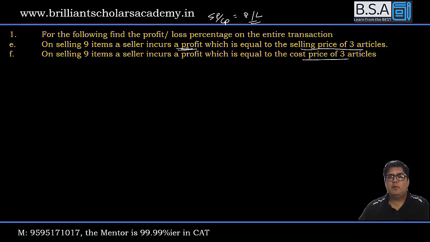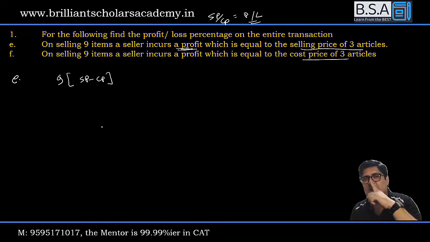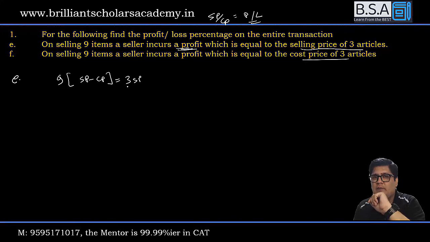The fifth one, E, will turn into 9 times SP minus CP. SP minus CP is the profit on selling one product. I am selling 9 products. That profit is equal to 3 SP. 9 SP minus 9 CP is equal to 3 SP.